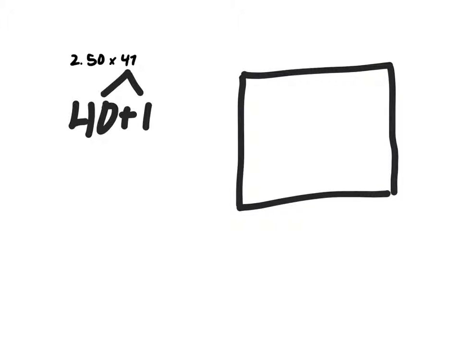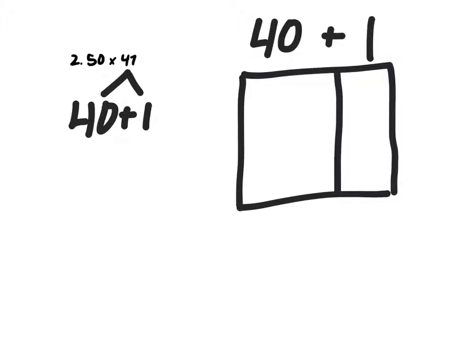So if we are breaking 41 into 40 plus 1, we'll draw a 40 up here plus our 1 and a line so that this area represents our 40 and this area represents our 1, and together they will equal 41.